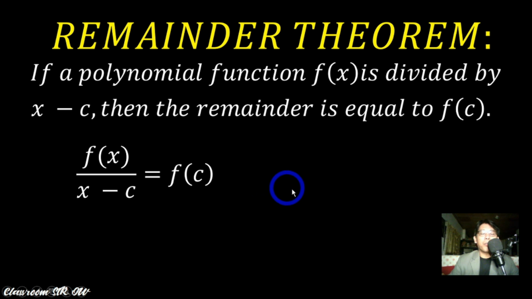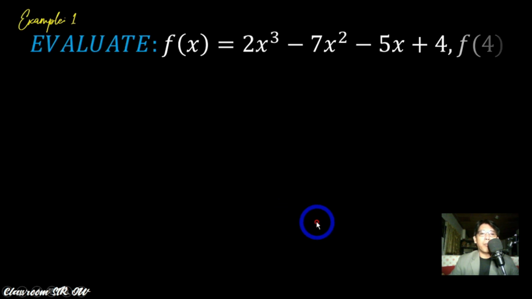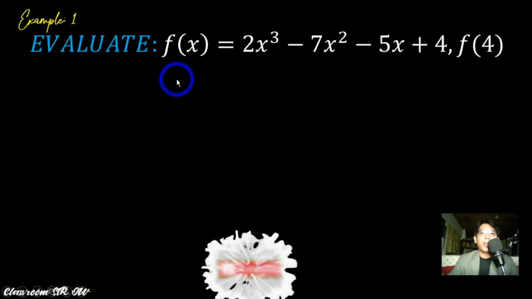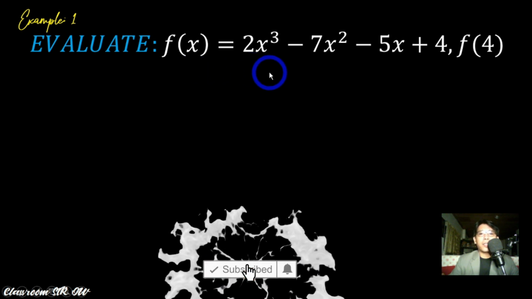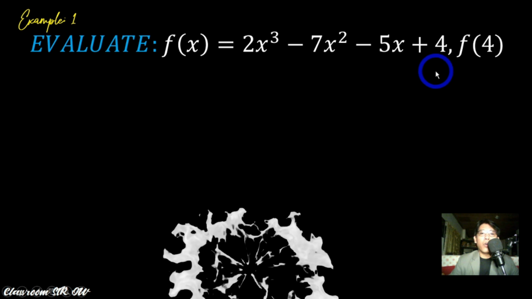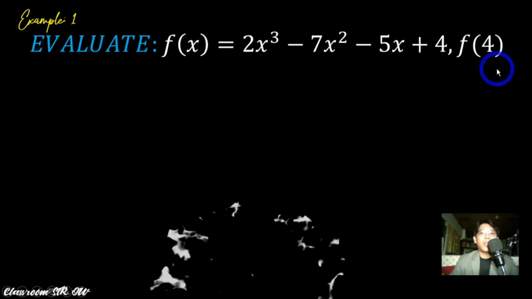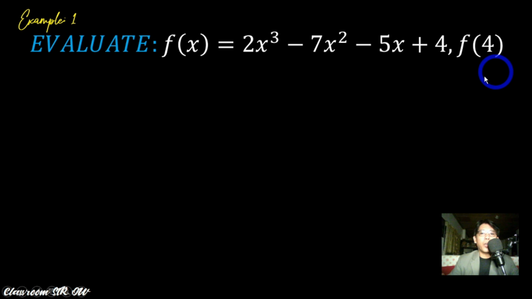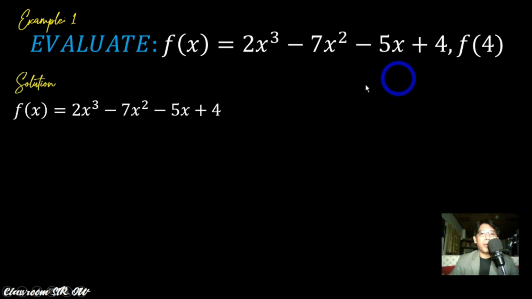So for us to appreciate this one, let us have an example. Let us say evaluate f of x is equal to 2x cubed minus 7x squared minus 5x plus 4 when x is 4. So for us to evaluate this polynomial function, of course, copying our given polynomial function, we will replace the value of x, which is what we asked in the problem, which is f of 4.